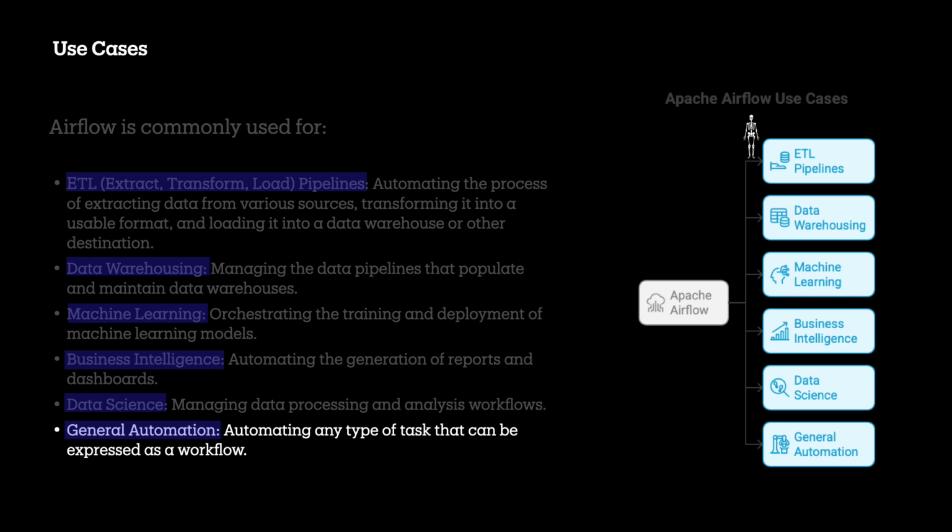We will be automating extraction of data from those sources and then transforming into a usable format and loading it into data warehouse or any other particular data destination. It is called ETL.